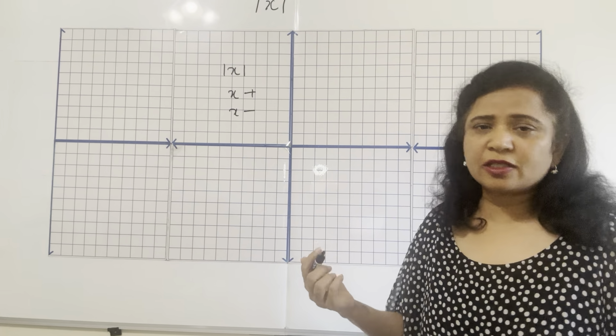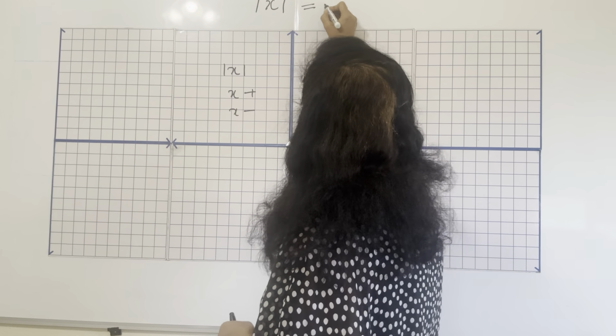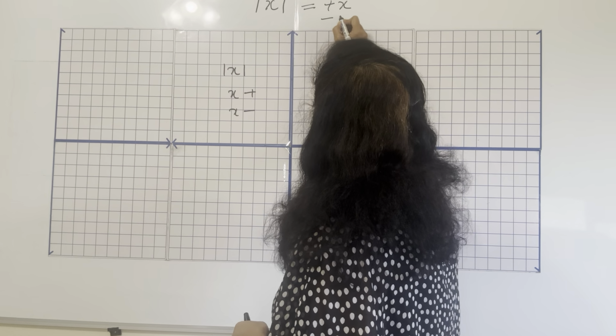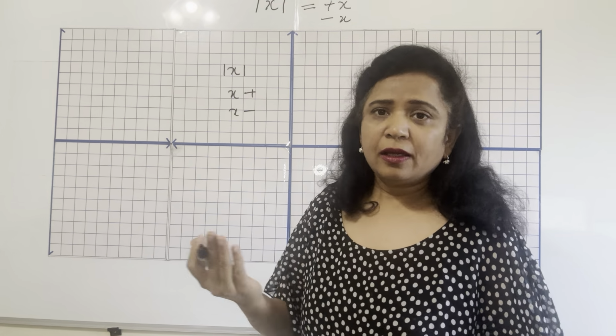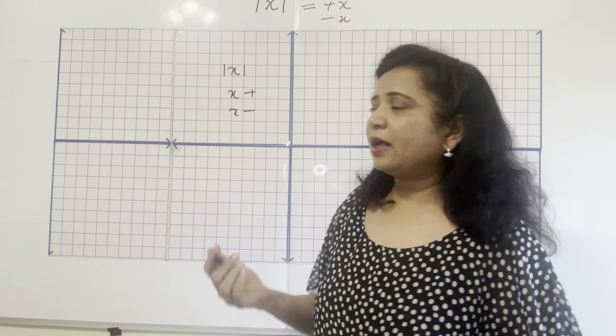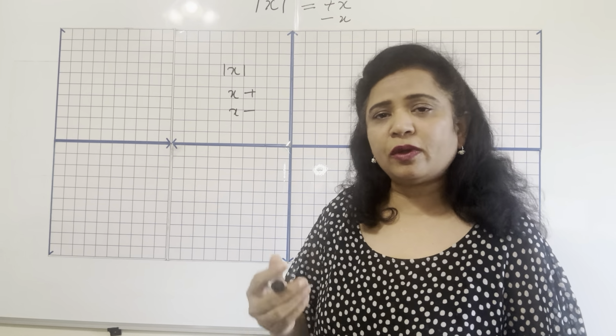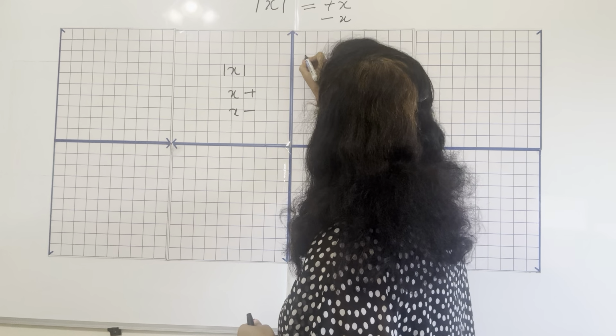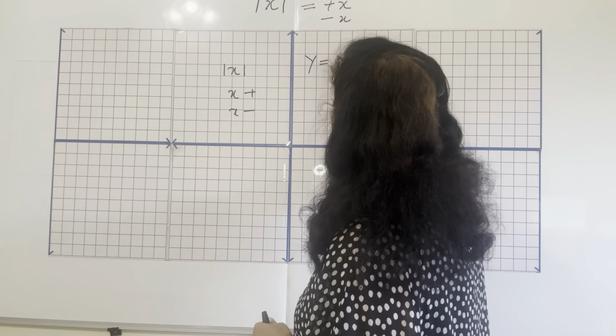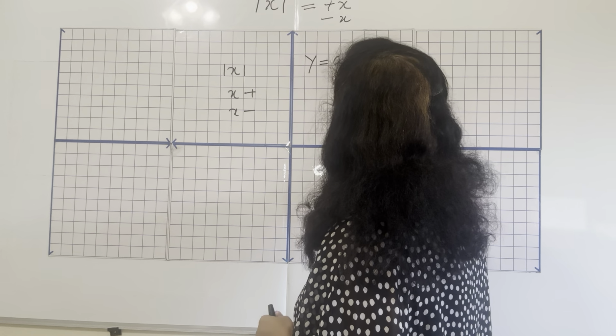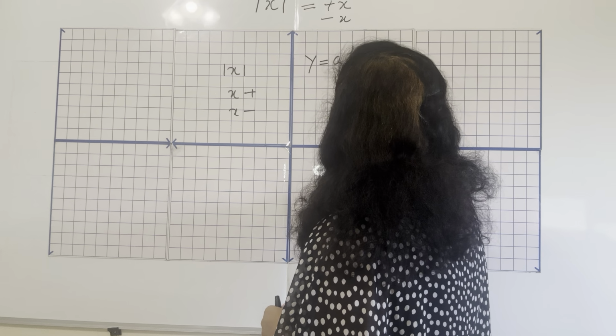But then what restriction do we have? As I said, you have plus x and minus x. So this is what absolute value means. And what is the equation when writing it in the form of an algebraic expression? y is equal to a, absolute value of x minus h, plus k.